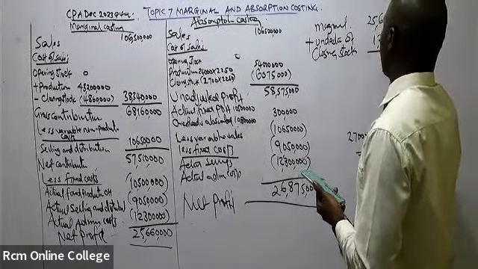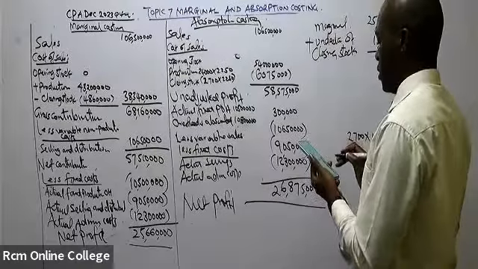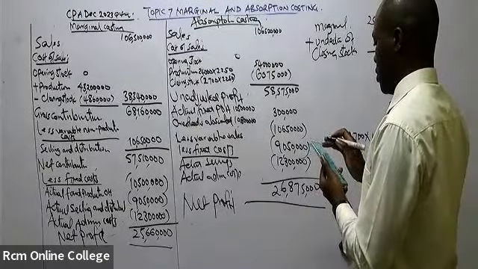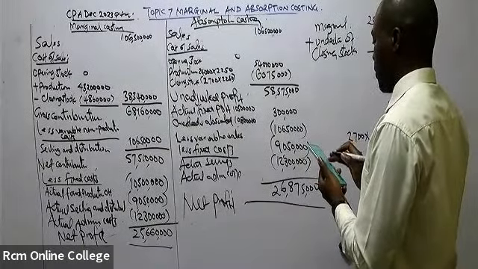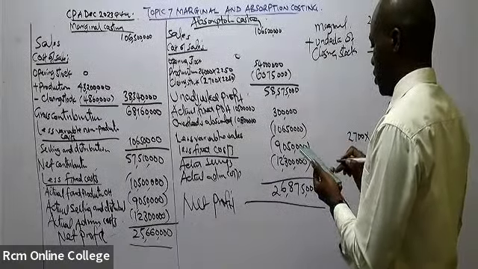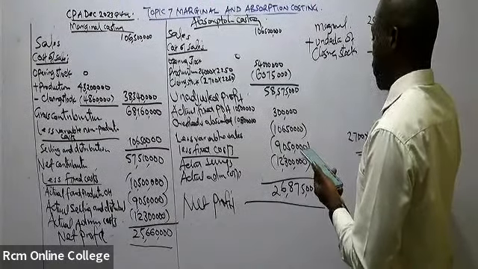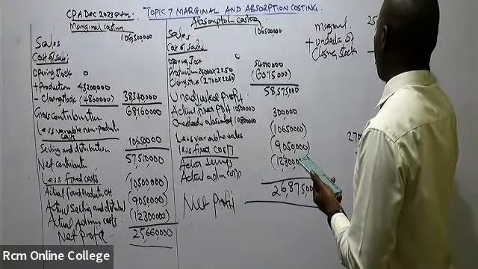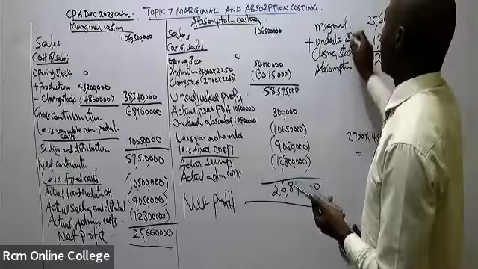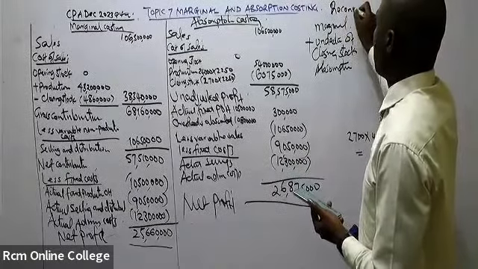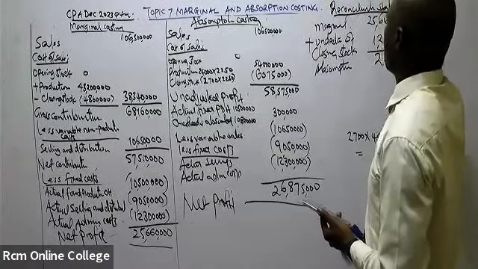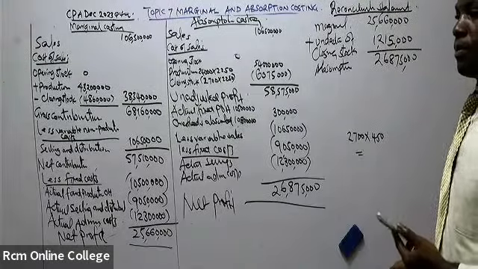When it is added to 25,660,000, it will give us 26,875,000. So that's our profit as per absorption. That is the reconciliation statement.